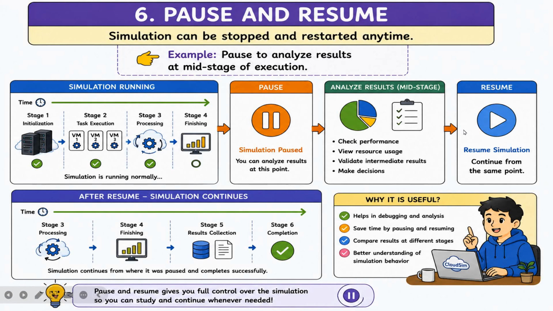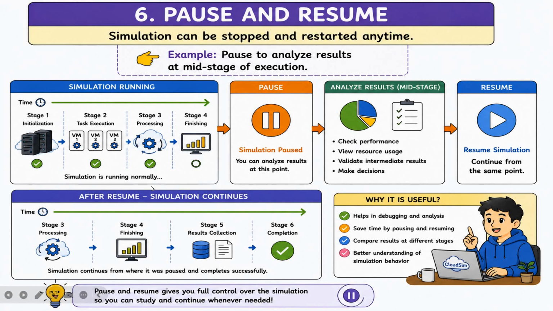Here the simulation can be resumed from the exact point where it was paused, and the lower section of the figure shows that the remaining stages continue normally until completion, and this avoids restarting the entire simulation again, which saves time and computational effort.